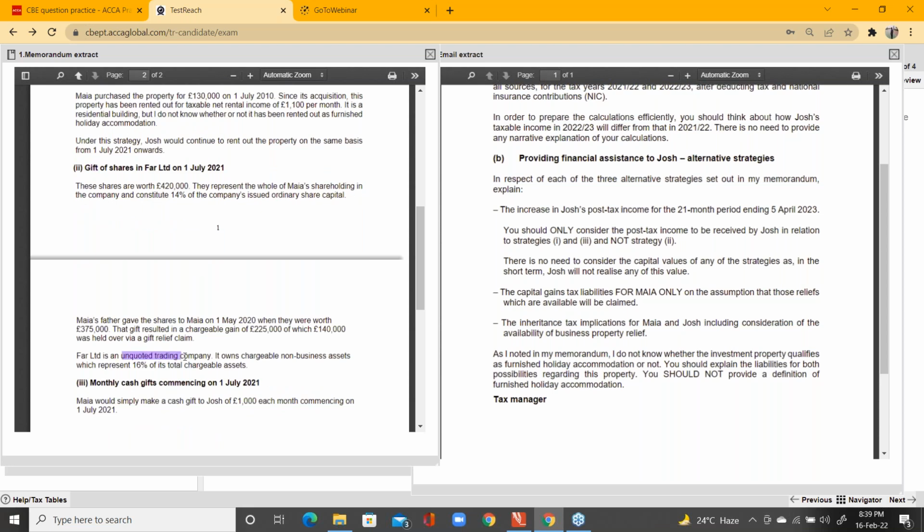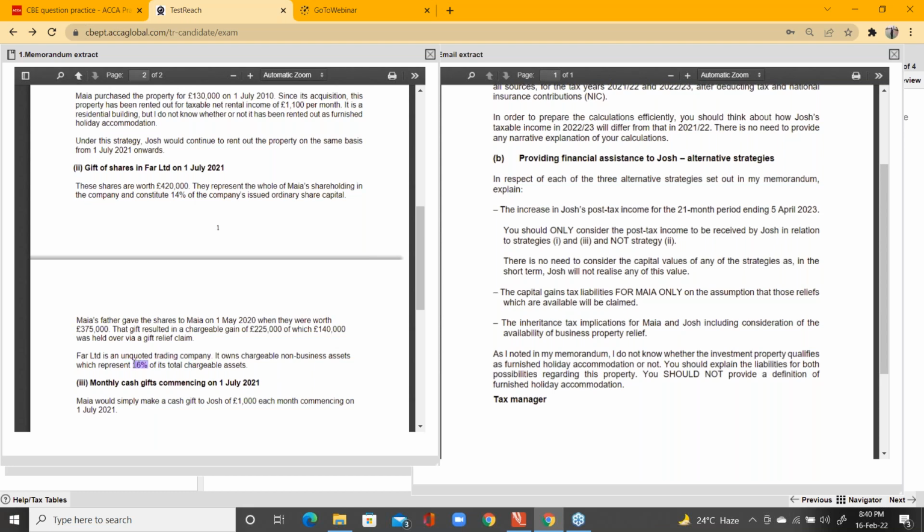FAR Limited is an unquoted trading company. It owns chargeable non-business assets, which represent 16% of total chargeable assets. Unquoted company shares are always considered as business assets, and on the disposal of a business asset, a relief can be claimed to the extent of the business assets.